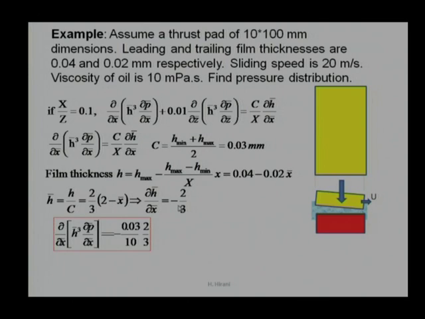We can substitute this. Now, we have this expression in terms of x bar. We can integrate twice and get the value. The first integration gives one integration constant, it will turn out to be 0.002 into x bar plus C1, that is the integration constant, and we need to determine it.